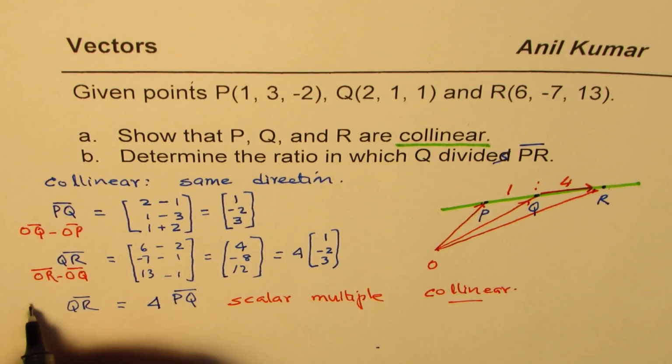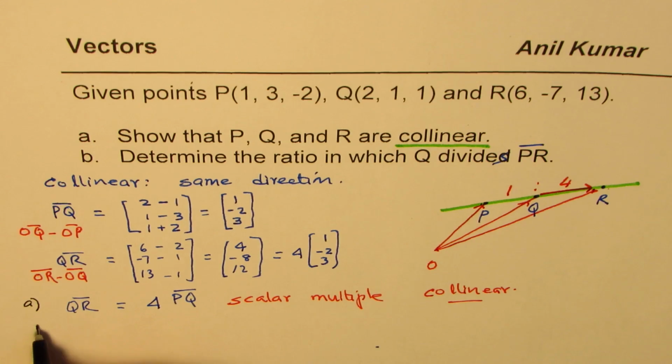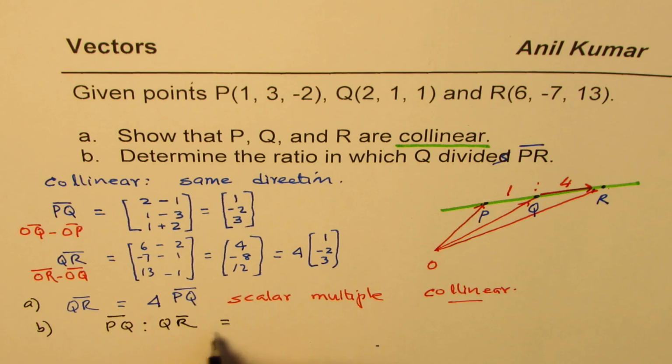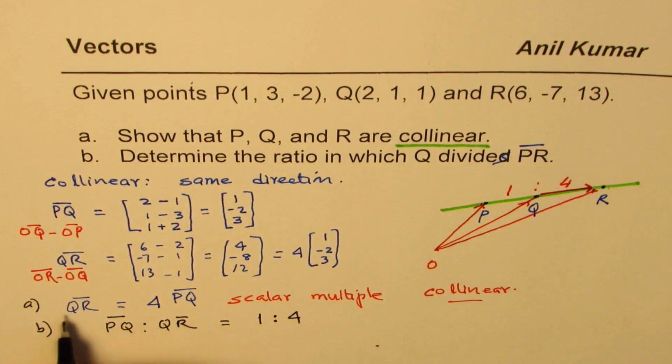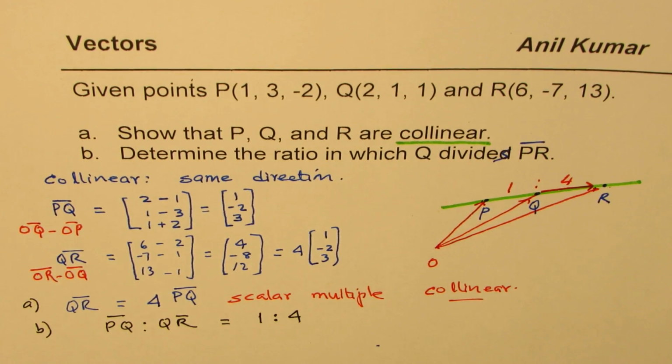So A is proved, since scalar multiples mean they are collinear, and part B is that PQ to QR equals 1:4, because QR is 4 times PQ. So that is the ratio in which Q divides PR, and that is how we can solve this. I hope that is absolutely clear. Thank you, and all the best.